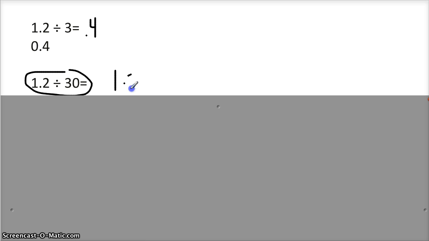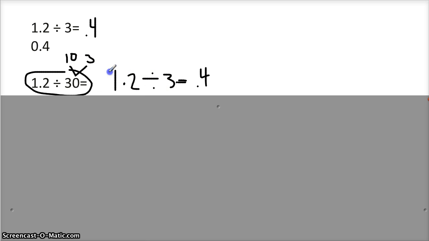So 1.2 divided by 3 equals 0.4. But they're splitting this up when they're doing that into a 3, and 3 times what equals 10. This is like my factor tree. Remember we did this when we first started dividing 3-digit numbers, we were breaking that up so it was easier to divide. So we're doing the same exact thing.